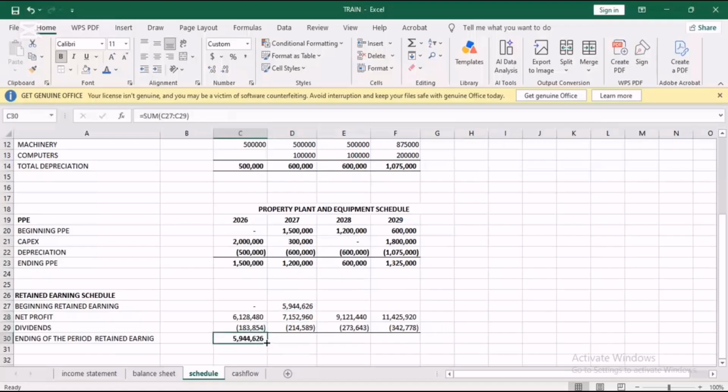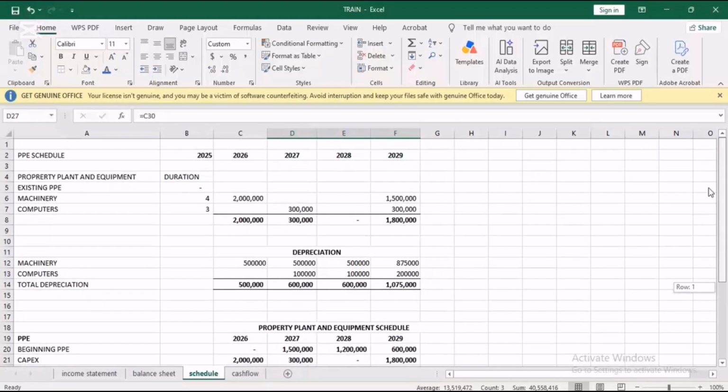So now we can possibly drag and have what is required. So good. So let's observe, as you can see, the ending retained earning here is the beginning right up here. Exactly. So this is the net profit for the different period. So the ending retained earning here is the opening retained earning here, and also likewise here. So that's that. So we really dealt with the schedule right up here.